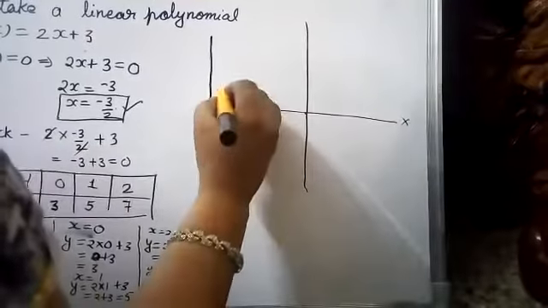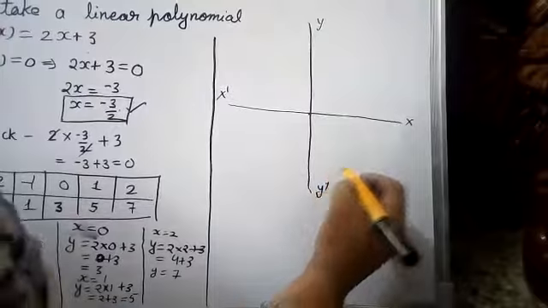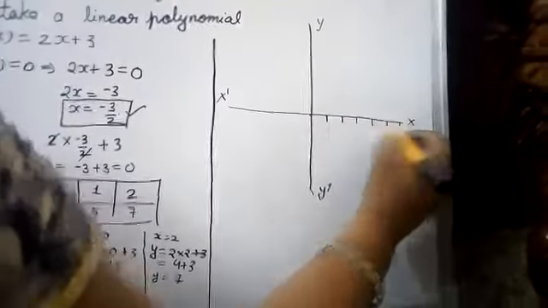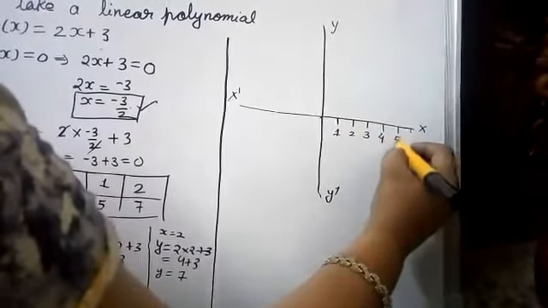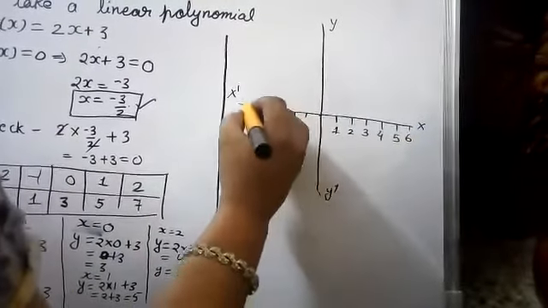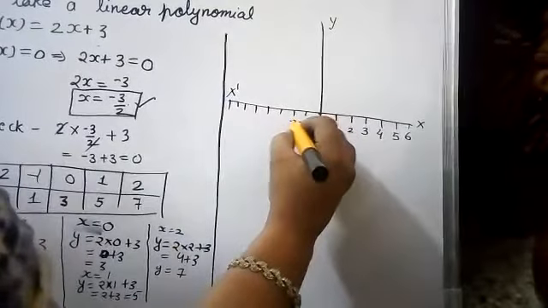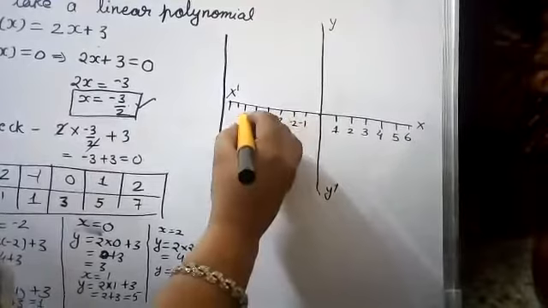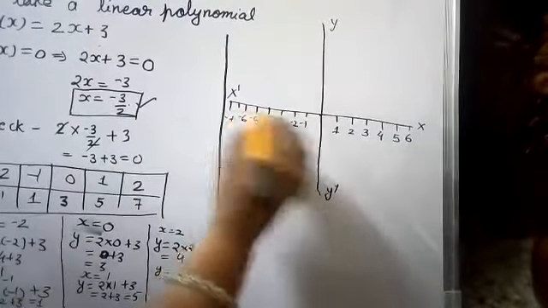X, x dash, y, y dash. Here 1, 2, 3, 4, 5, 6. Here we indicate the negative values of x: minus 1, minus 2, minus 3, minus 4, minus 5, minus 6, minus 7, and so on.